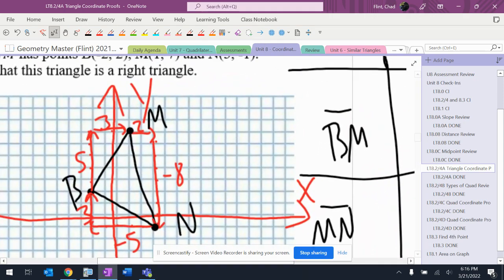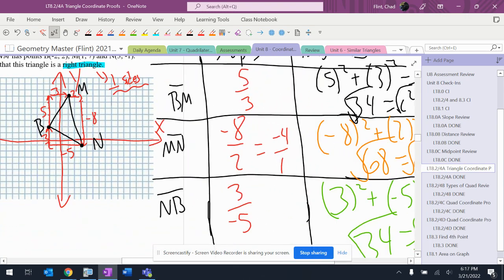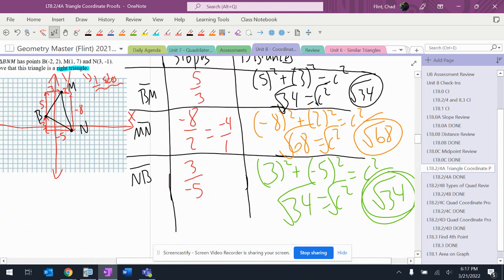Now this says right triangle. That means perpendicular sides. All right, so that means I'm going to look at the slopes and I'm going to see if I have perpendicular sides. Perpendicular slopes are a fraction flipped over. So if I look, I've got 5/3 and I've got 3/5.